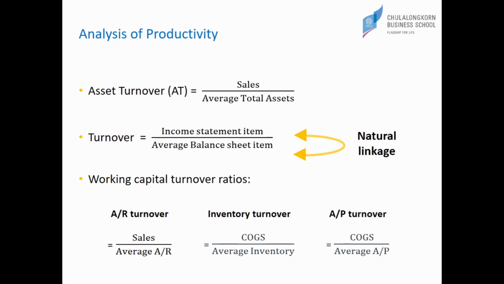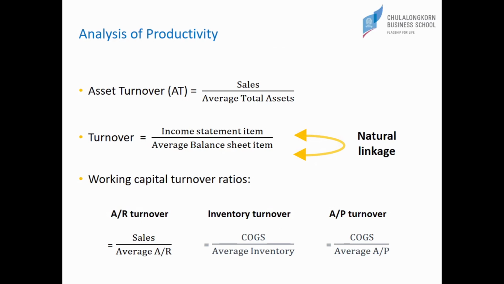Right? And we can also create a lot of other different turnover ratios, but we have to keep in mind this natural linkage. Okay, so you will always have the income statement item in the numerator and a matching balance sheet item in the denominator.